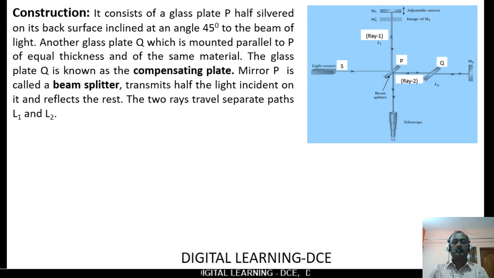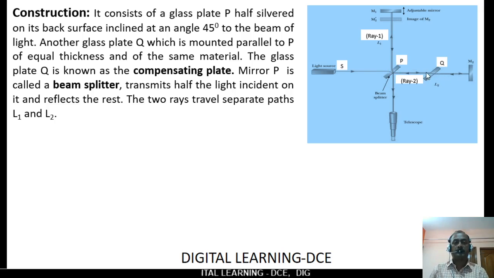See here, it consists of a glass plate P, which is half silvered on its back surface, inclined at an angle of 45 degrees to the beam of light. Another glass plate Q is mounted parallel to the glass plate P, as shown in the diagram. It is of equal thickness and of the same material.